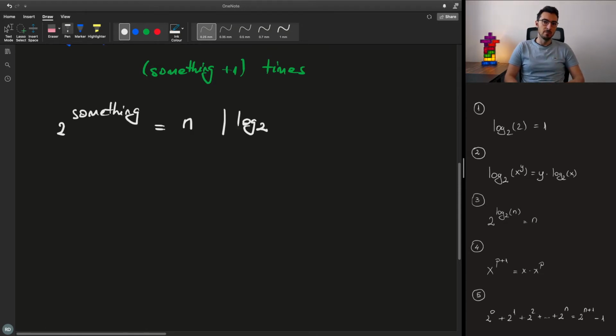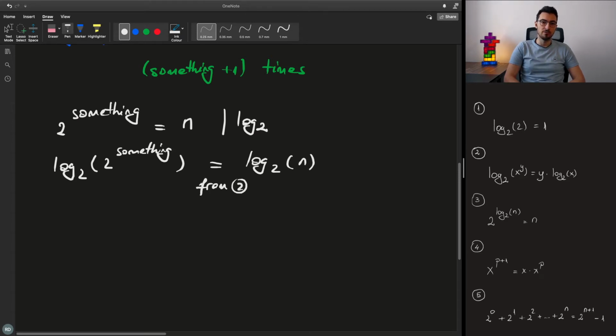We apply a logarithm on both sides of the equation, and we get that log of 2 to the something is equal to log of n. Using the second property that we've defined at the beginning of this video, we can determine that the left-hand side of the equation can be reduced to something times log of 2 equals log of n.